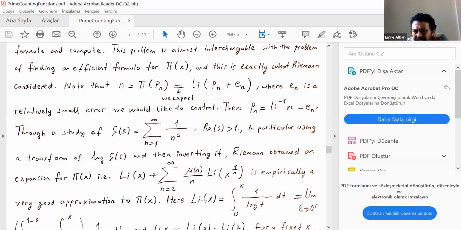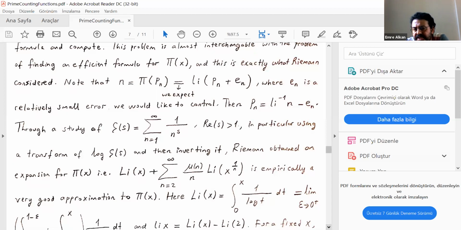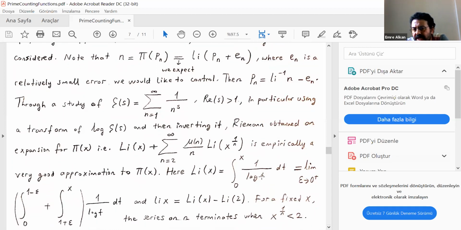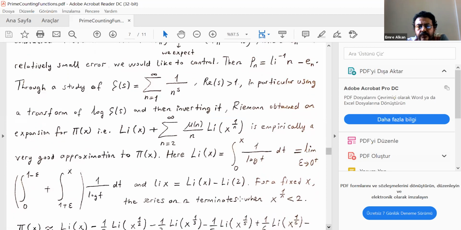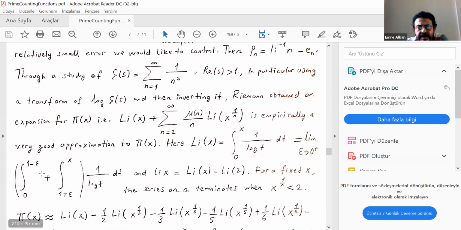He uses this, but there are some problems here because of the singularity at 1, and you can only do it in a symmetric way. As it stands, it's a divergent integral. But if you take the limit around 1 in a symmetric way, since the logarithm changes sign, they cancel each other and you get a convergent thing.